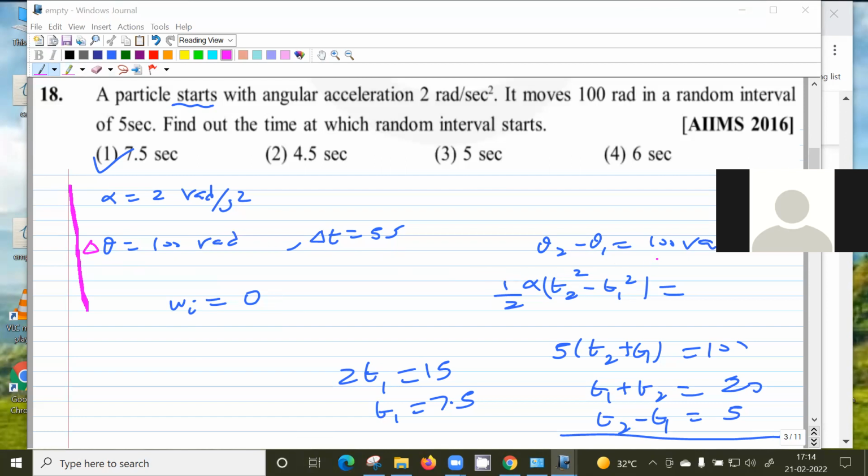So theta 2 minus theta 1 is 100. Since the initial is 0, I can use ut plus half at square in the corresponding angular equation, so half alpha t square. t2 minus t1 is 5, so from that I get t1 plus t2. Already I know that t2 minus t1 is 5. So I have two equations at two moments and I have to find t1, so I'll subtract these two. Is it clear? Yes, sir.